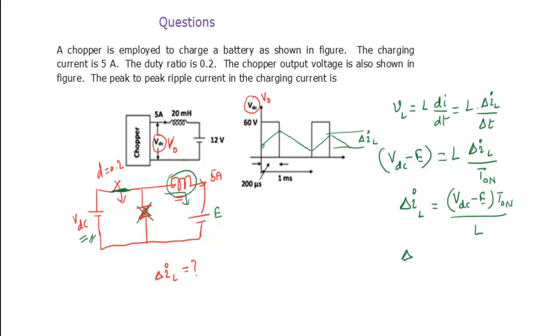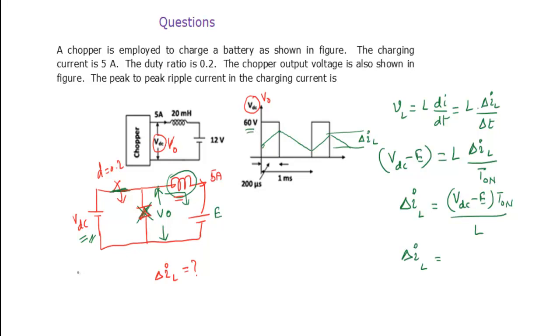Delta IL equals VDC. You can see that VDC is not given here, but from the waveform, when the switch is on, V0 is measured across the inductor and back EMF. That is given as 60 volts.